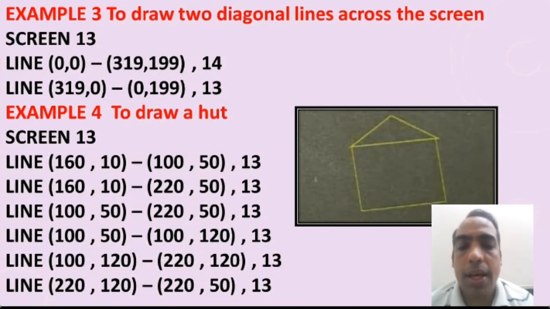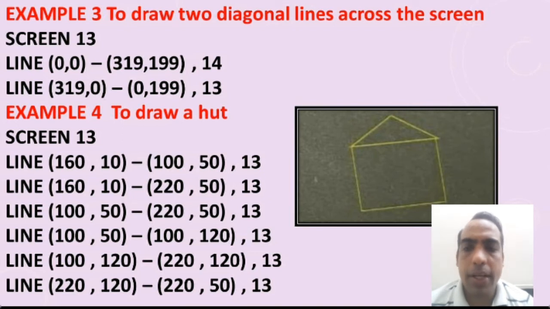Now you can see the third example of the line statement, to draw two diagonal lines across the screen. Screen 13, then the first line statement is line 0, 0 dash 319, 199, 14.